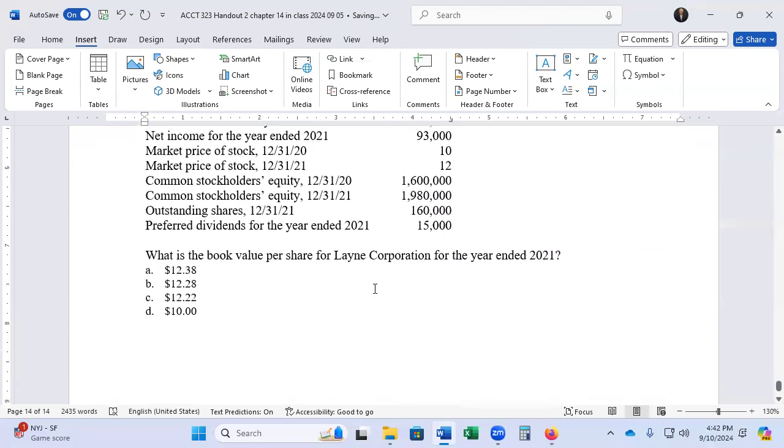Okay, and then the last one says, what is the book value per share for Lane Corporation for the year ended 2021? And so this is your common stockholders' equity at the end of the year, 1,980,000. And we're going to divide that by the outstanding shares.